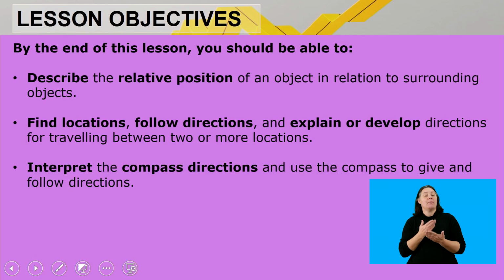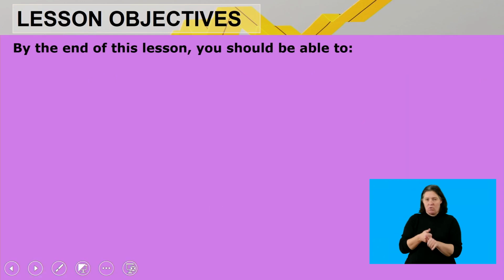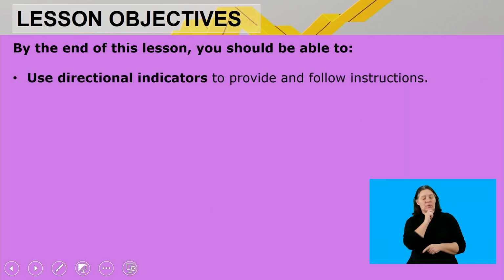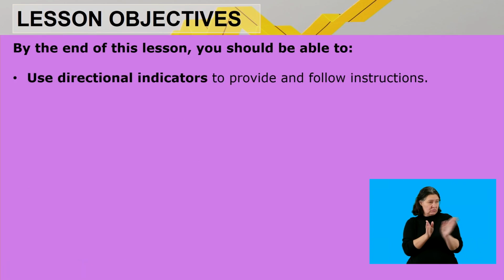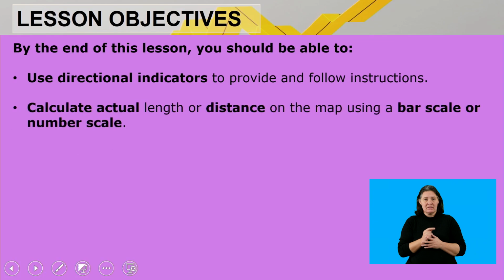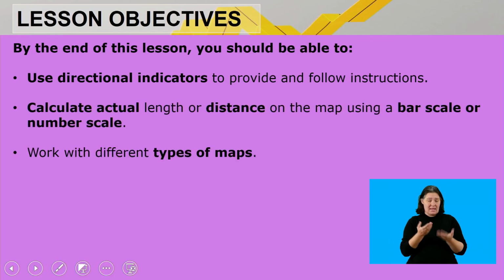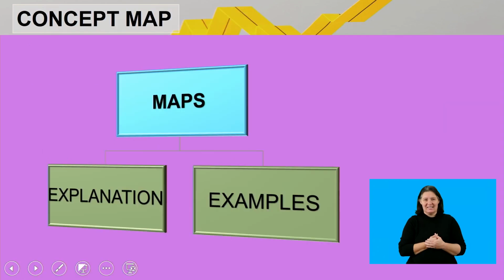Also important, you must be able to interpret compass direction and use the compass to give and follow directions. Also important is you must use directional indicators to provide and follow instructions. And then calculate actual length or distance on the map using either a bar scale or a number scale. Then you must be able to work with different types of maps. So that is our lesson objectives.